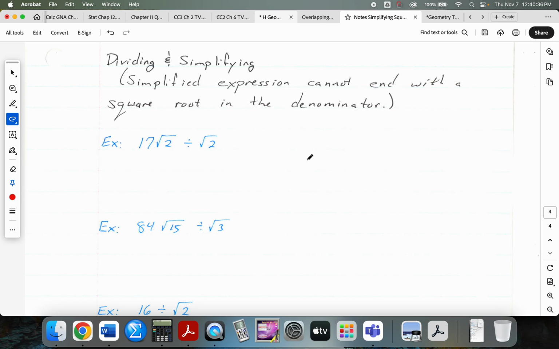Last but not least, dividing and simplifying. A simplified expression by most standards, although this one is beginning to get dropped by a lot of people in the math community, you can't leave a square root in the denominator.